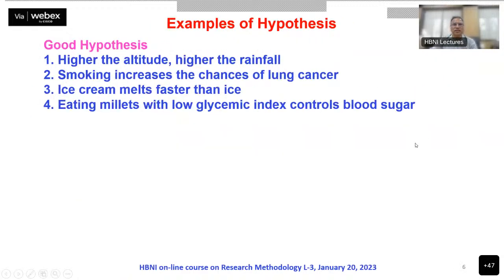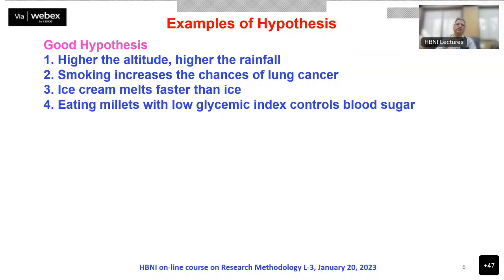So let me give you some examples of a good hypothesis and a bad hypothesis. For example, a good hypothesis is like: higher the altitude, higher the rainfall. So what can you do to test this hypothesis?